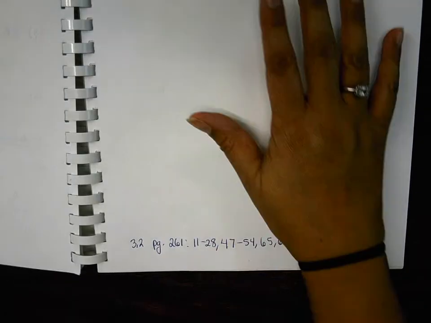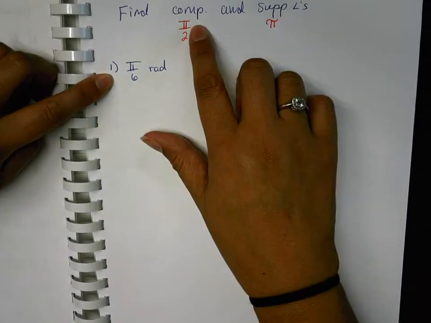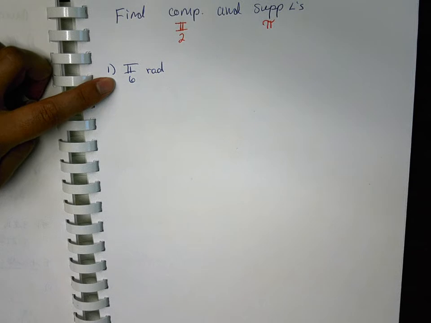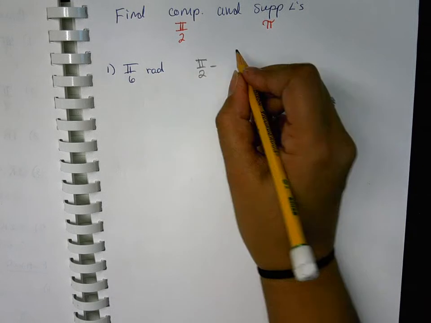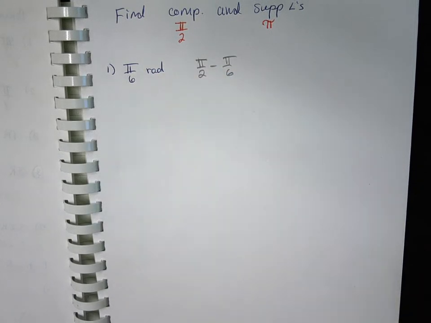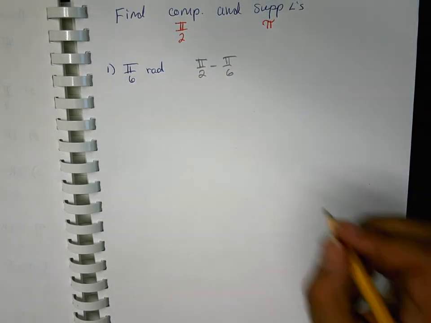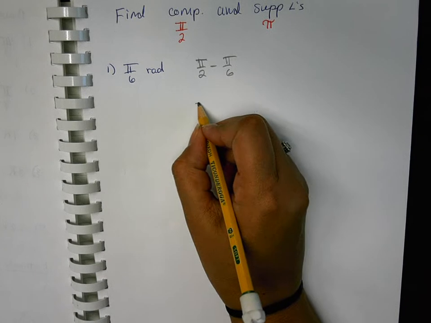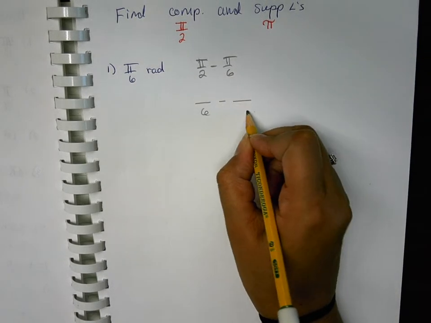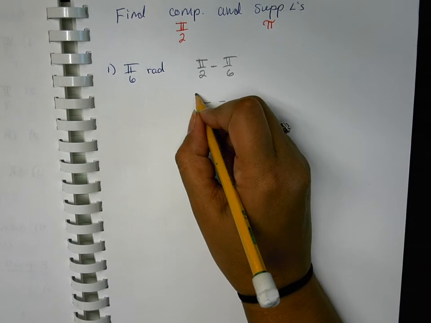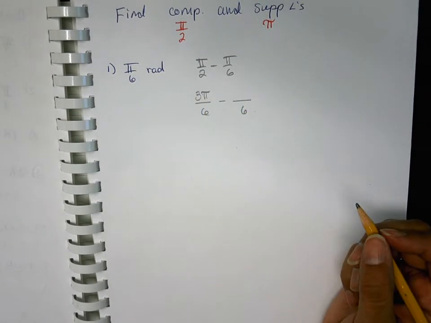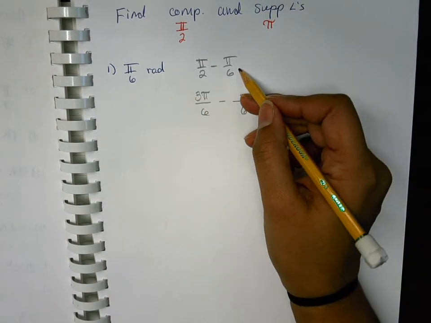First, to get the complementary, I'm going to subtract pi over 6 from what? From pi over 2. So it's like doing 90 minus pi over 6, but I'm doing pi over 2 minus pi over 6. Common denominator would be what? 6. This fraction would become what when I multiply top and bottom? 3 pi, and this one would stay pi.